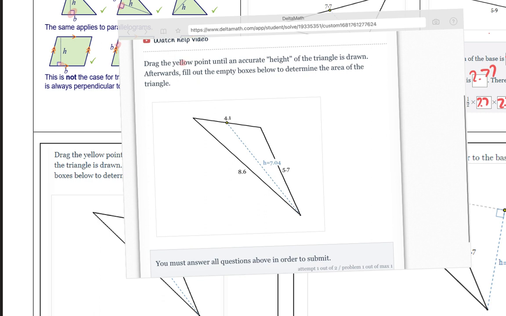So if we drag that yellow point, if we go over here, right, we notice it doesn't make that right triangle, right? And same over here. But here's what we do know. We can go, we're just talking about from top to bottom. All right, so what we do know is that right there is the height.